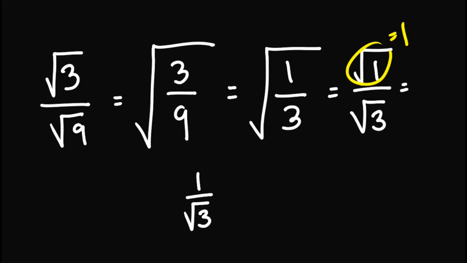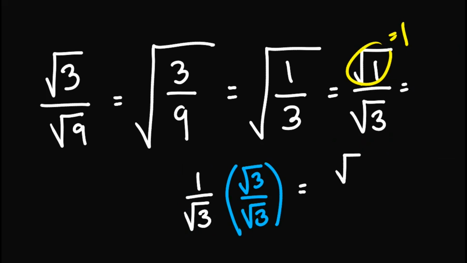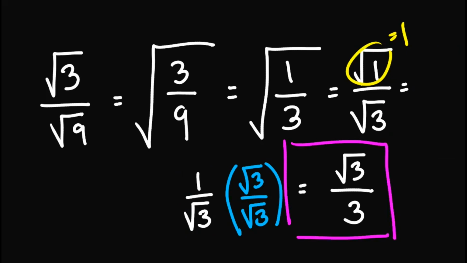Well, we can multiply square root of 3 over square root of 3. Doing that, we'll have here in the numerator square root of 3, and square root of 3 times square root of 3 is simply 3. And so the final answer for this one is square root of 3 over 3.